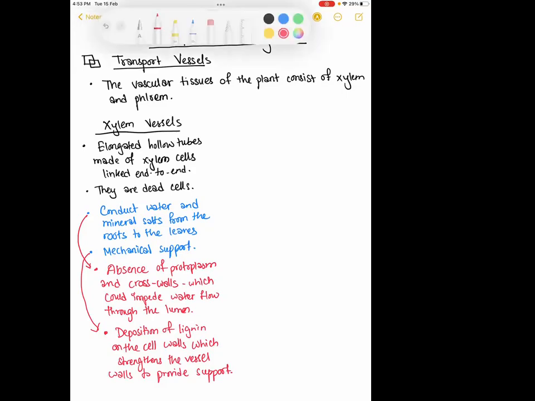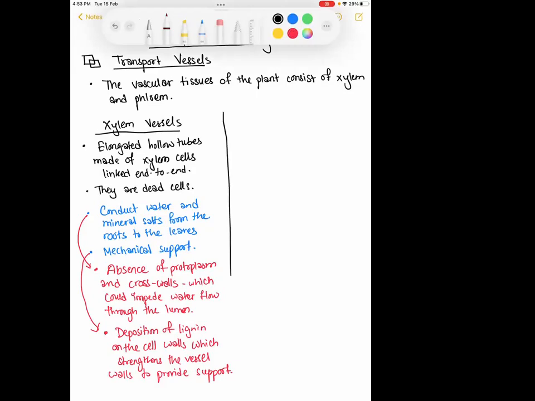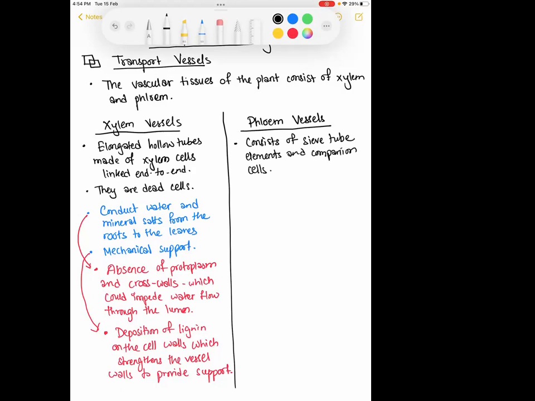What about phloem? The phloem are actually living cells, okay?